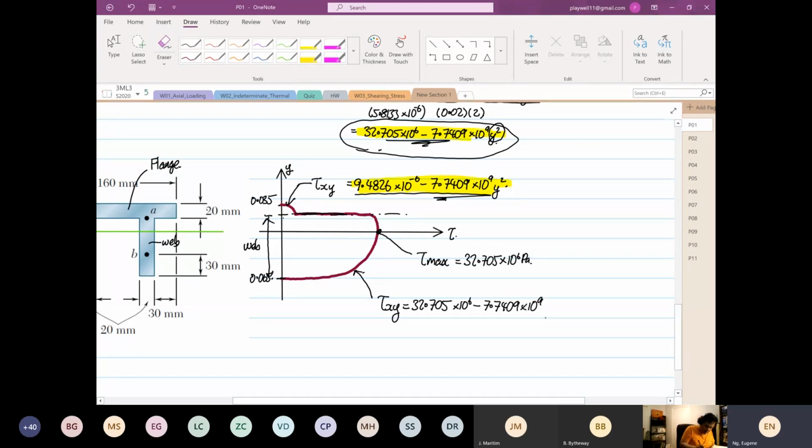Okay. So that's what those equations of distribution we're drawing. That's why you can see, this is our top of the web and the bottom of the web.